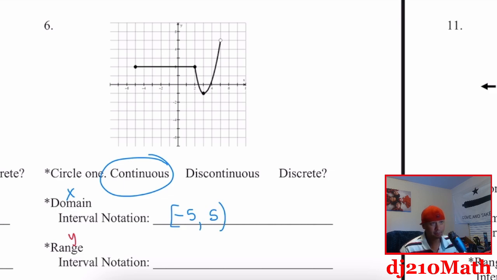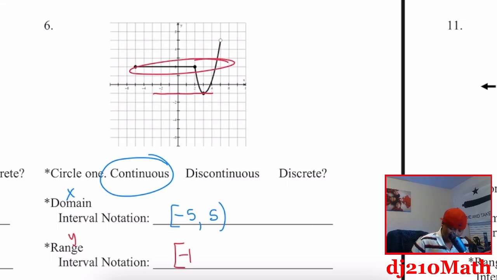The range, which is the y values. So here we have the most bottom possible y value is -1 with the bracket. All right, so this one is shaped funny. And then you might feel a little weird around this middle part here. But we don't care about that part.